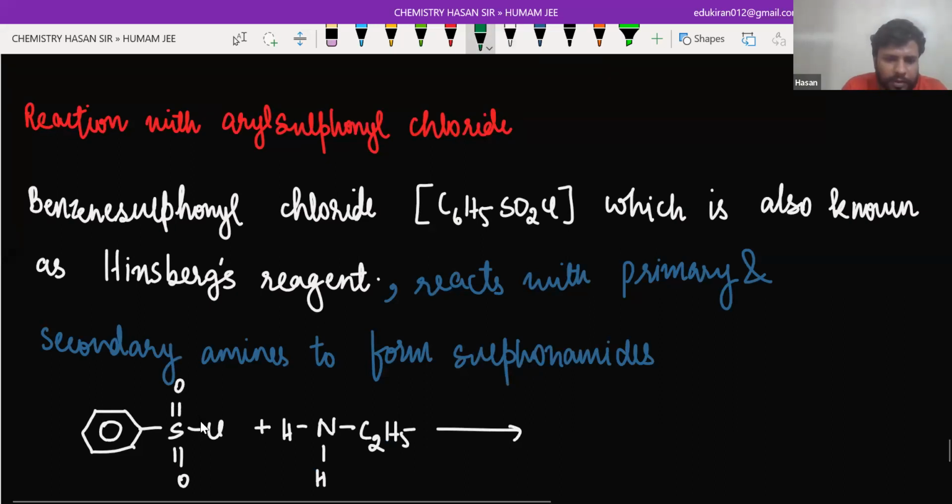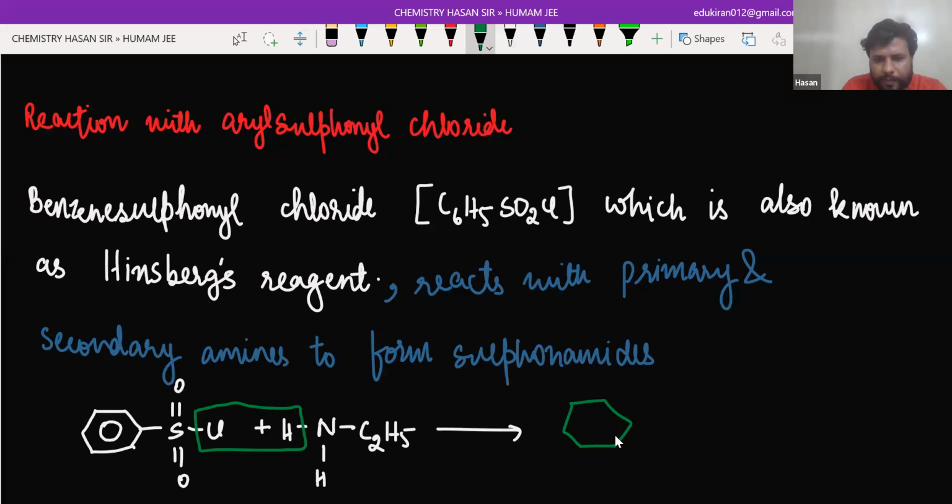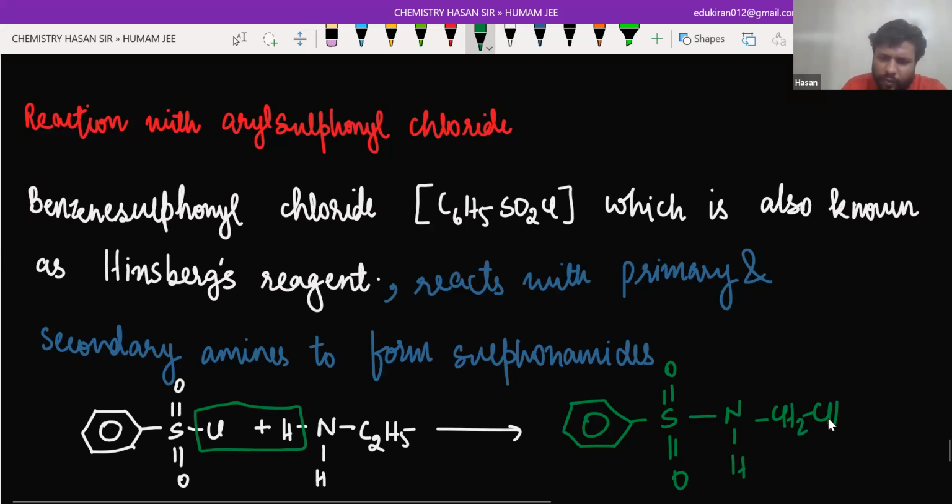You are going to remove this HCl, simple, and connect this, so it becomes sulfonamide. S double bond O, then N, then H, and then comes your C2H5, that means CH2CH3 you can write, or C2H5 you can write, and HCl.